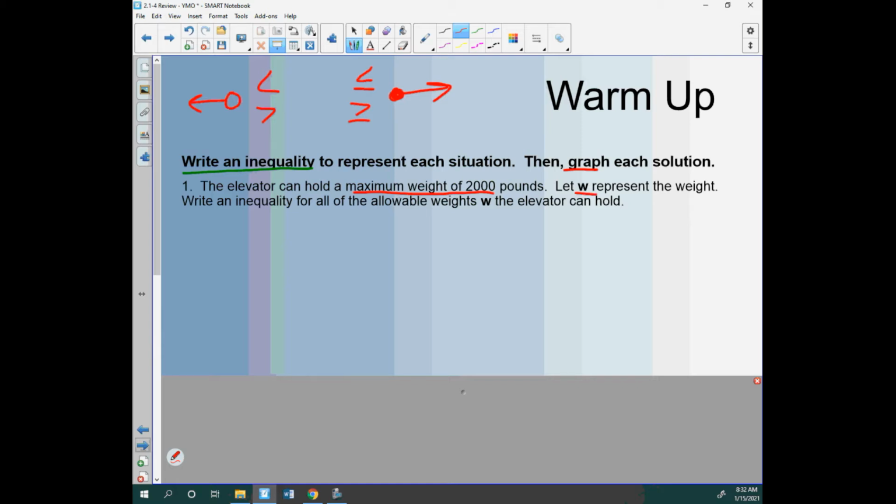Let W represent the allowable weights that it can hold. So what I'm going to do is I'm always going to write my variable first, and I'm going to go over here and write the number next. And then I just know somewhere in here there's going to be one of those four signs, right? And so I just have to decide which one it's going to be.